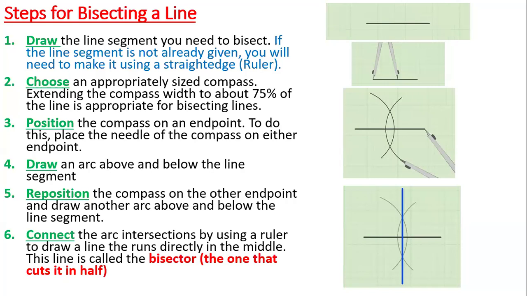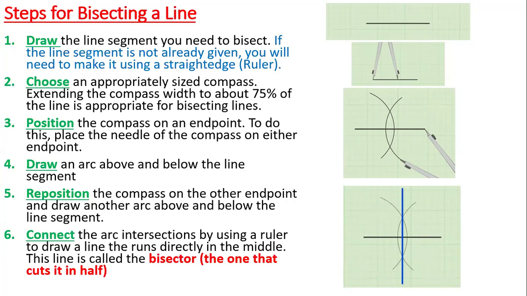Okay, go ahead, Aiden Gray, read the 6th point. Number 6, connect the arc intersections by using a ruler to draw a line that runs directly in the middle.